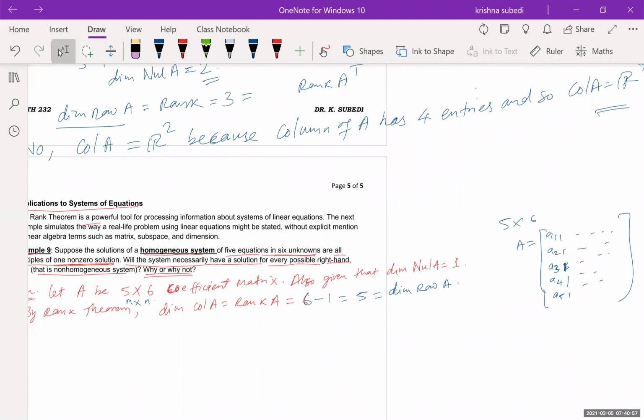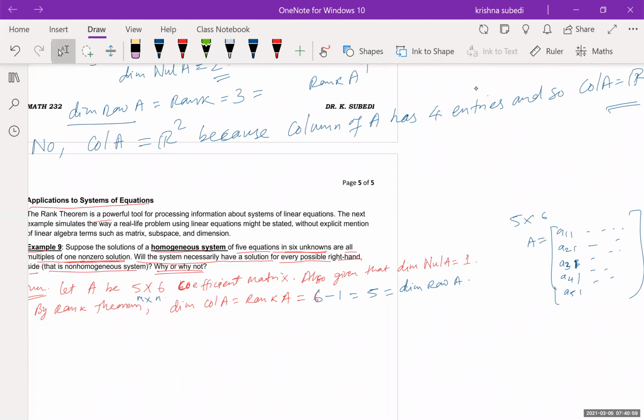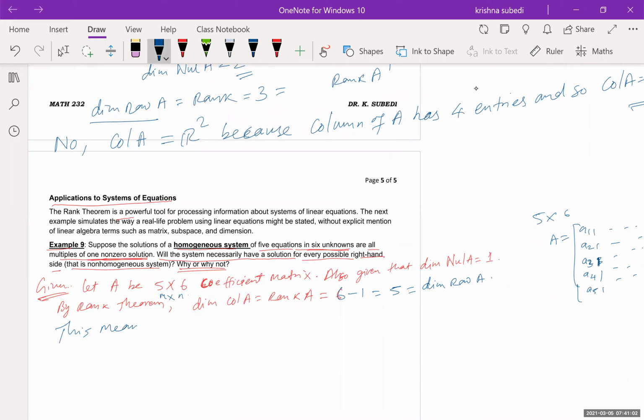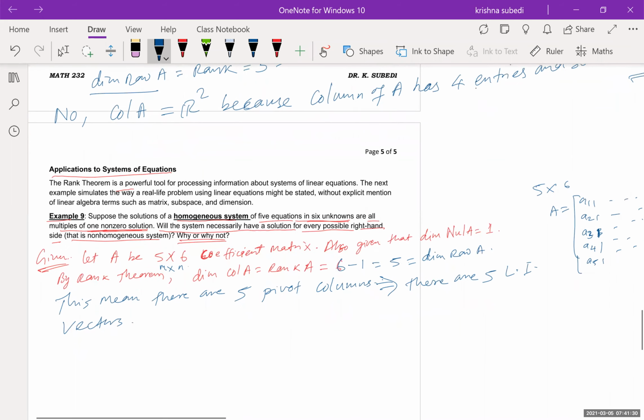So that means there are 5 linearly independent vectors. Okay, so there are 5 linearly independent vectors.